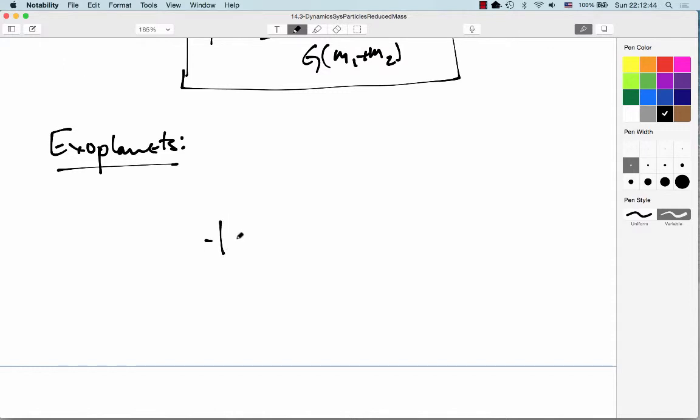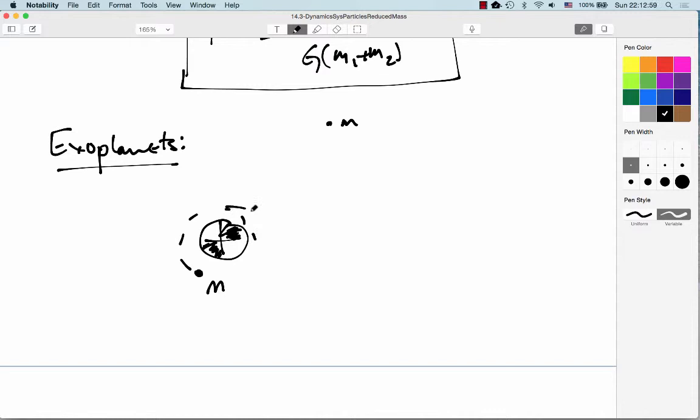So if that's my center of mass right there, here's my star, we'll call it big M. Here's my planet, little m.